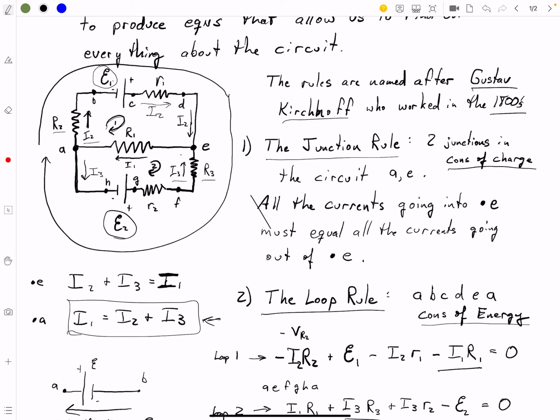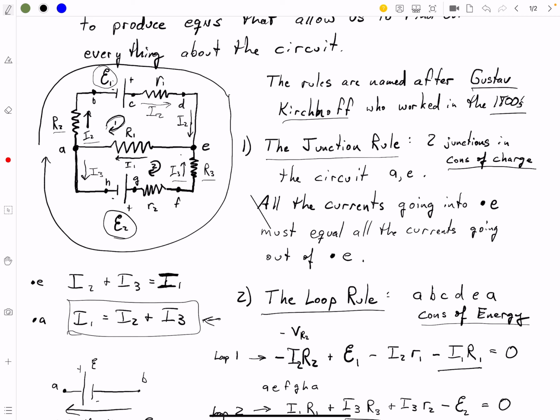So if we had drawn it the other way, that's fine. It may turn out that that was correct or it's wrong or I don't know, but it doesn't matter. Whichever choice we make there, it will show up if we get the positive or negative current. We just have to be consistent.